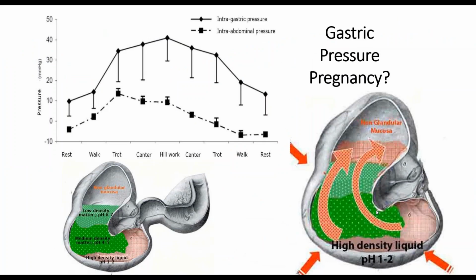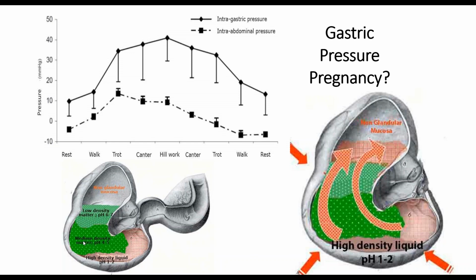Gastric acid in the horse's stomach has a pH between 1 and 2. So we'll look at that chart again, but if you remember, hydrochloric acid was a 0, and stomach acid sits right between a 1 and a 2. Lemon juice is right around a 2, and then things got weaker and weaker as we moved up. But that really strong acid sits right down there at the bottom.